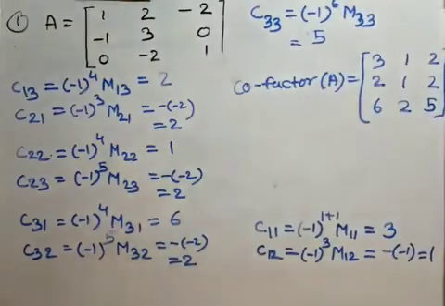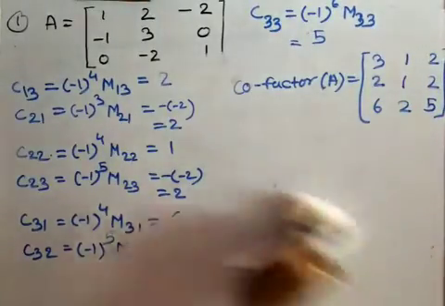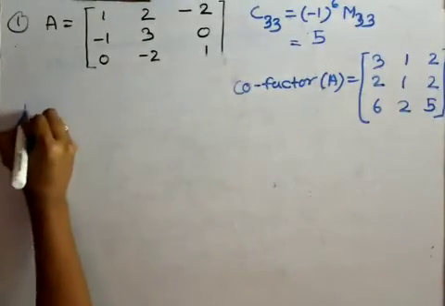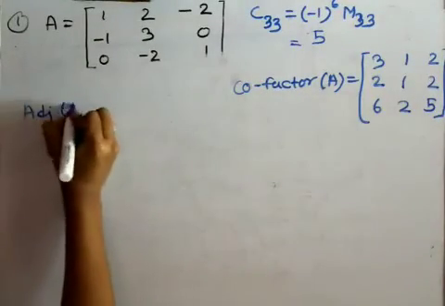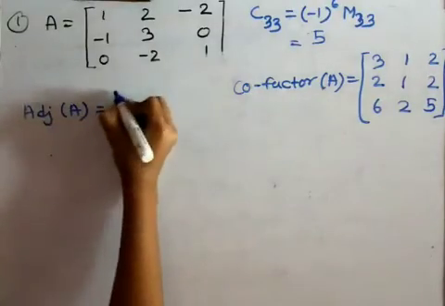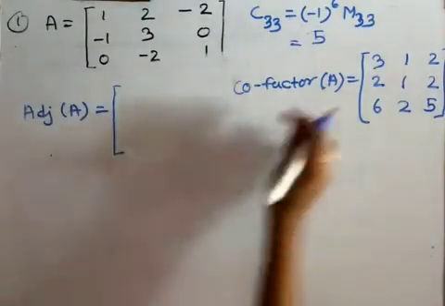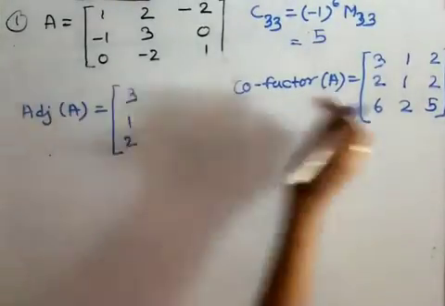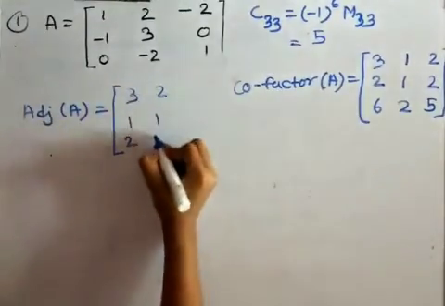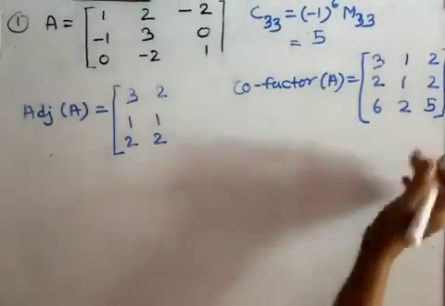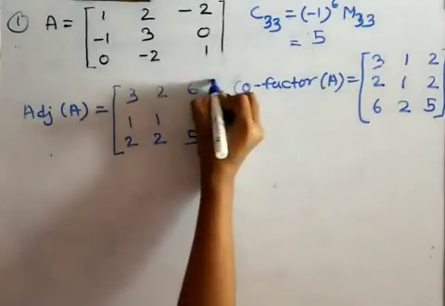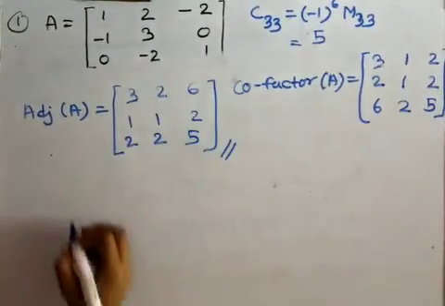This is our cofactor matrix. Okay. Now we want to write the adjoint of A, which is the transpose of the cofactor. So first row will become first column, second row will become second column, and third row will become third column. This is our adjoint of A.